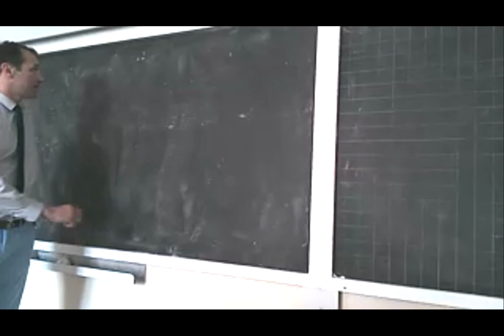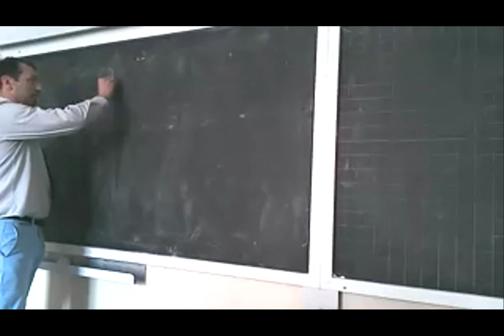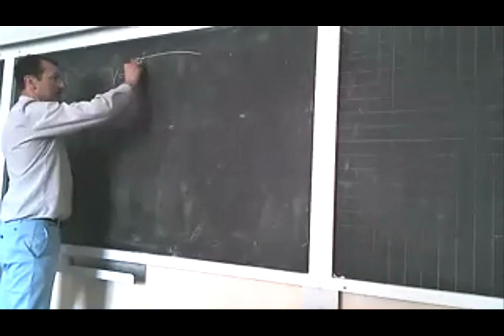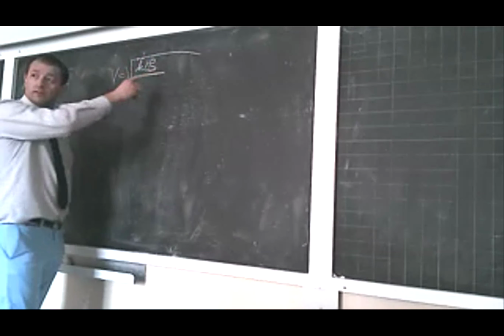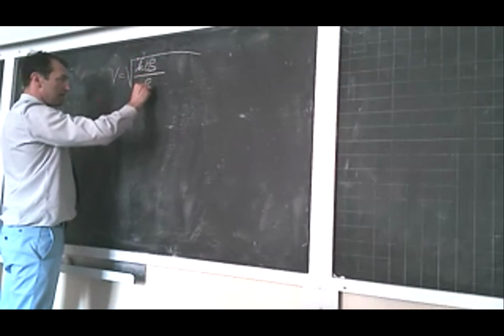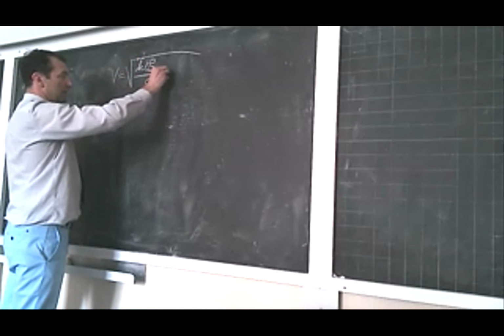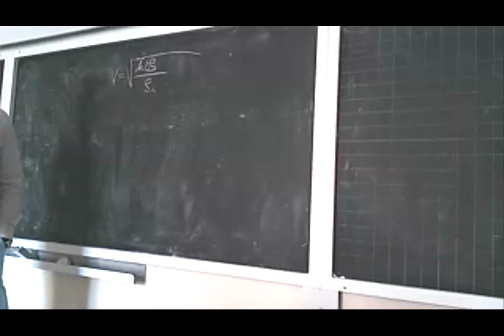Yes, there is an equation: V is equal to the square root of some constant K times delta rho, density differences, divided by rho ambient, and maybe there is some constant here.